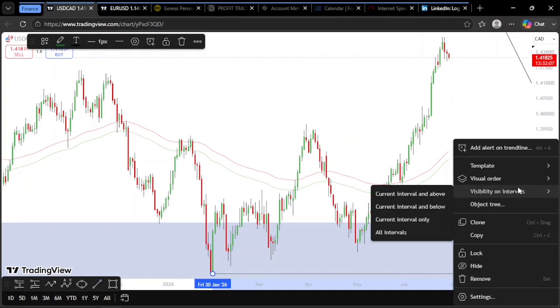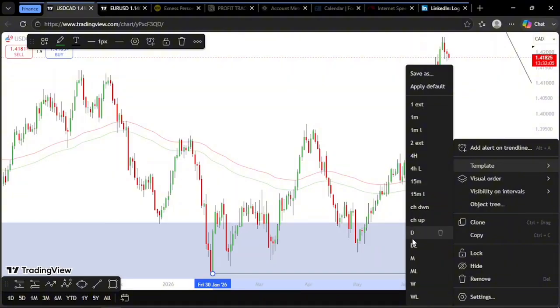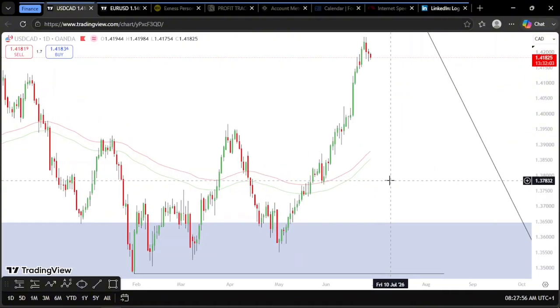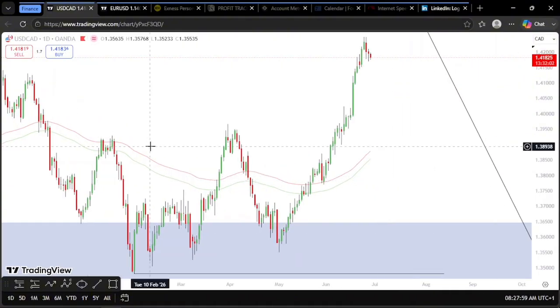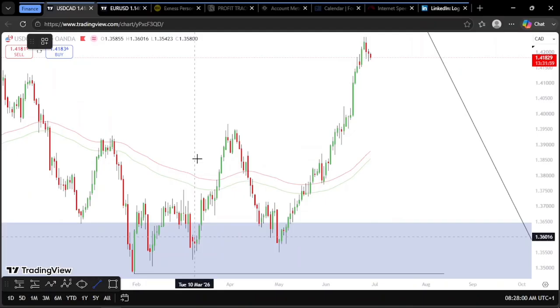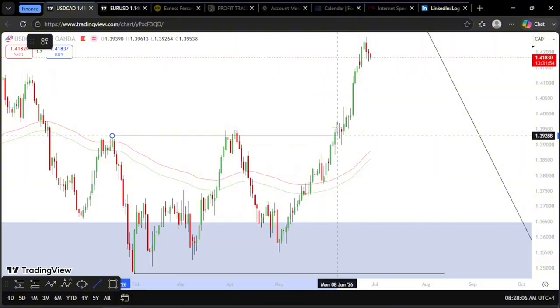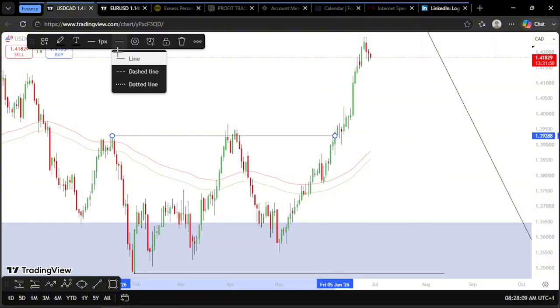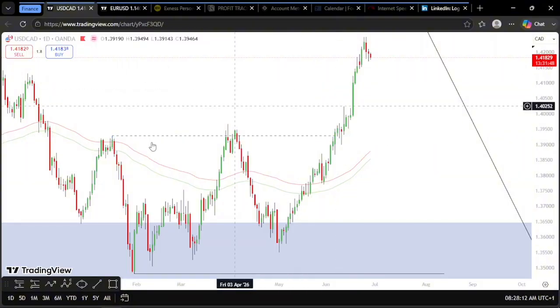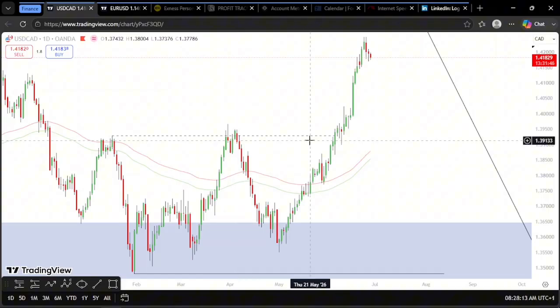So daily structure, and this was the break confirmation. We had a break confirmation of this. Let me just draw it from here. So we had a confirmation here.